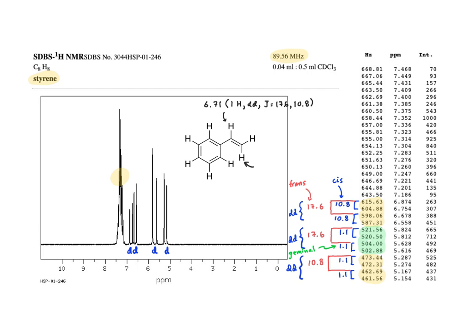This is at 5.70 parts per million. One hydrogen, doublet of doublets, with coupling constants of 17.6 and 1.1. And then the remaining alkene peak is at 5.22 parts per million. One hydrogen, doublet of doublets, with coupling constants of 10.8 and 1.1 hertz.